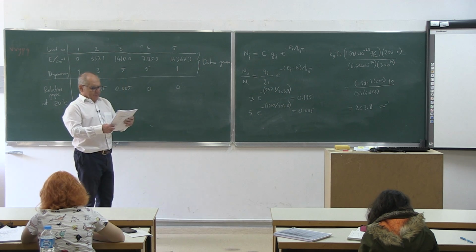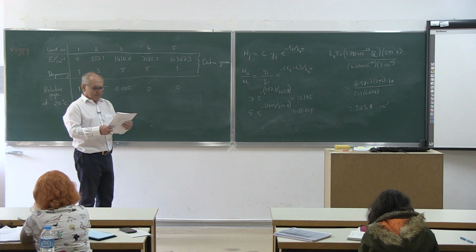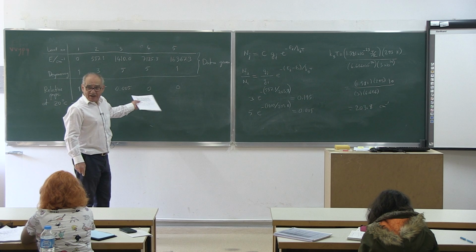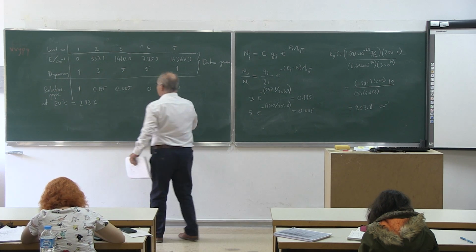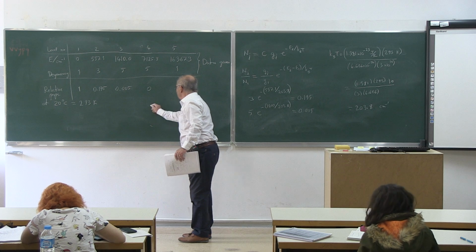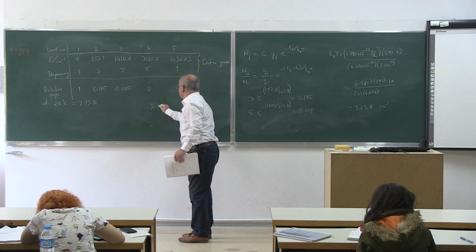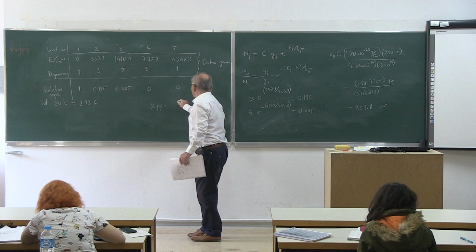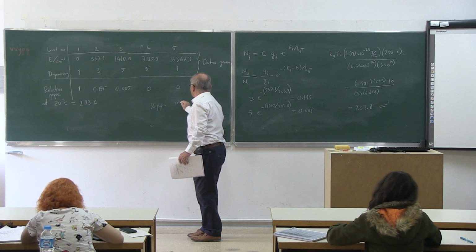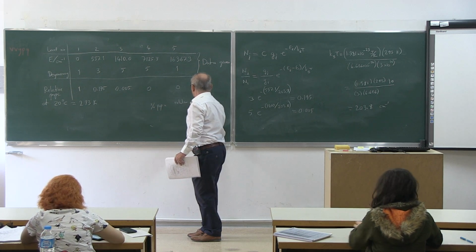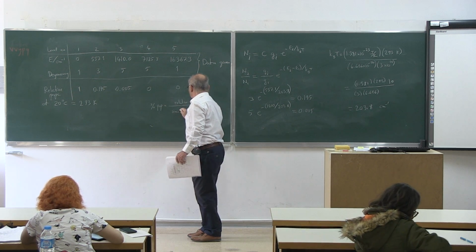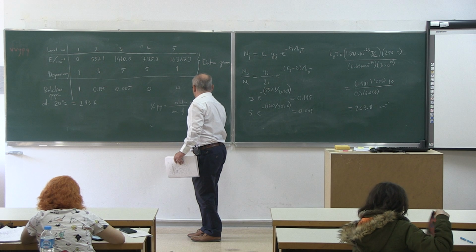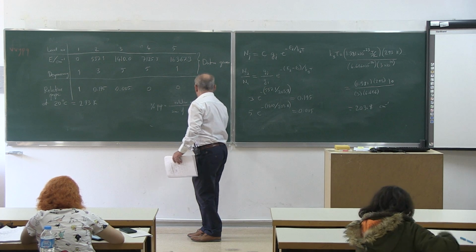Then calculate the percent population in each energy level. From the relative populations, we can obtain the percent populations. Percent population is the relative population divided by the sum of the relative populations.